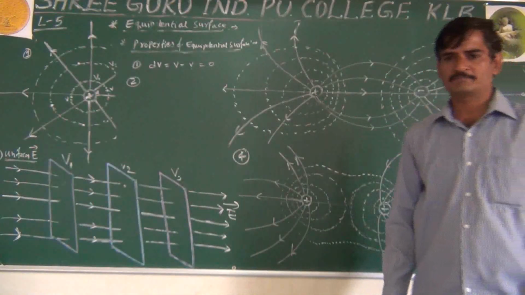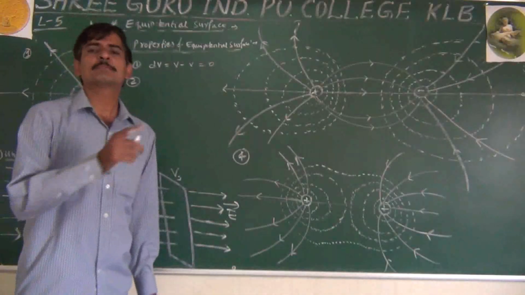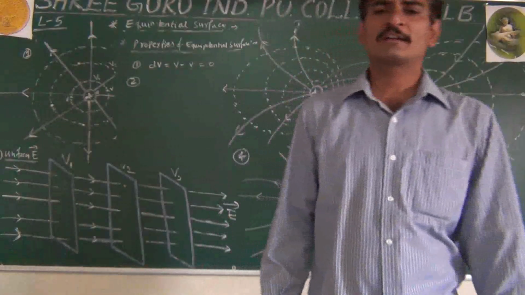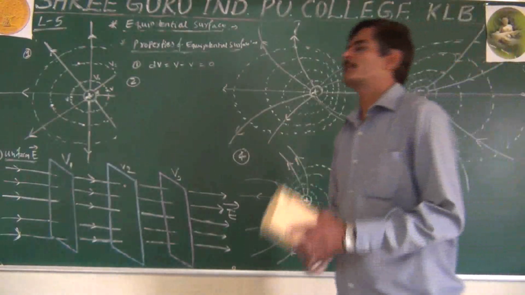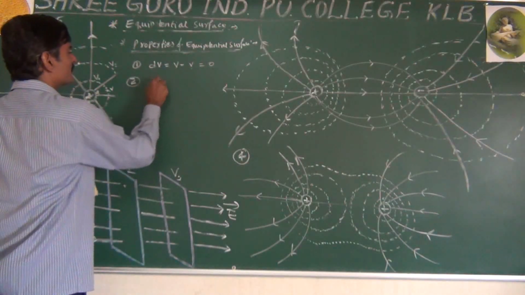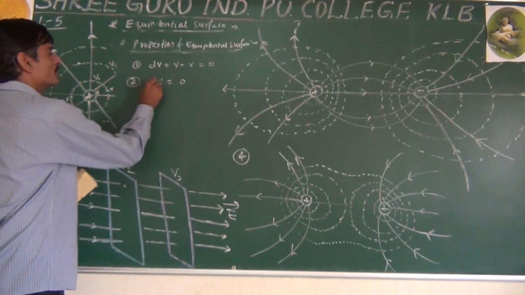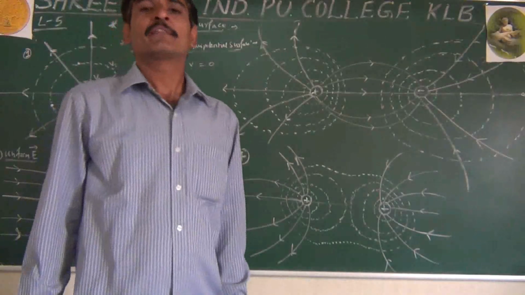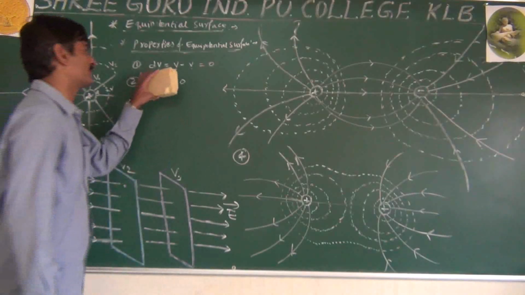The work done in moving a charge from one point to another point on an equipotential surface is 0.